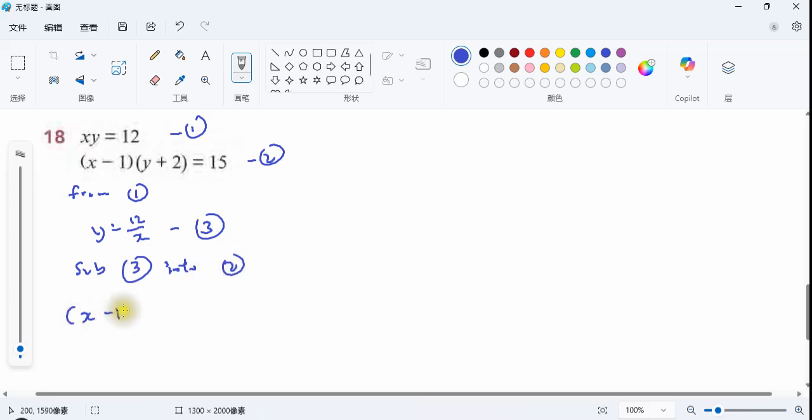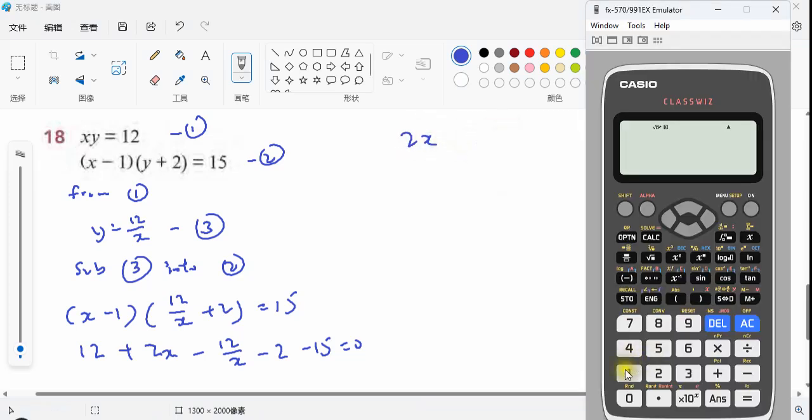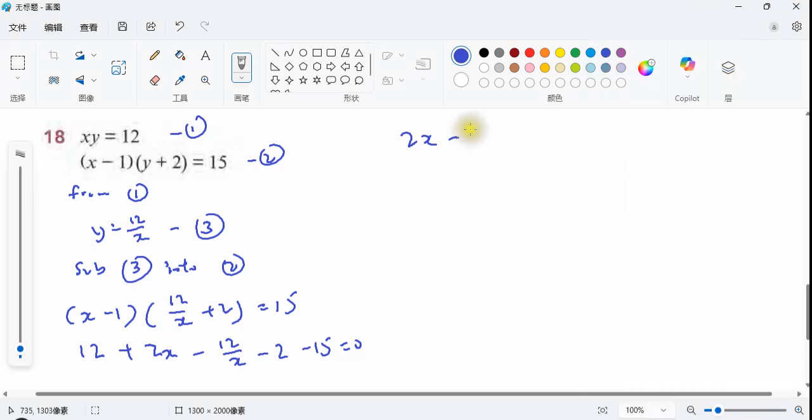Then we have (x minus 1) times (12 over x plus 2) equal to 15. So 12 plus 2x minus 12 over x minus 2 minus 15 equal to 0. So we have 2x, and then 12 minus 2 minus 15 is negative 5, and then minus 12 over x equal to 0.